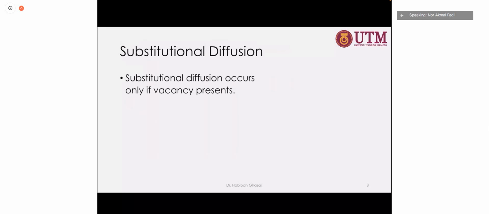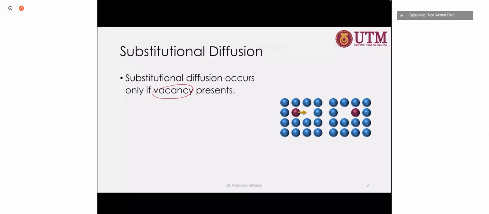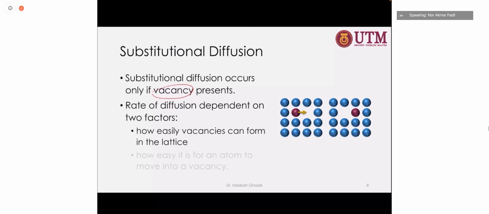One is substitutional diffusion, which only happens if there is a vacancy inside the material. Then the atom can move to another site, provided there is some external thermal energy.